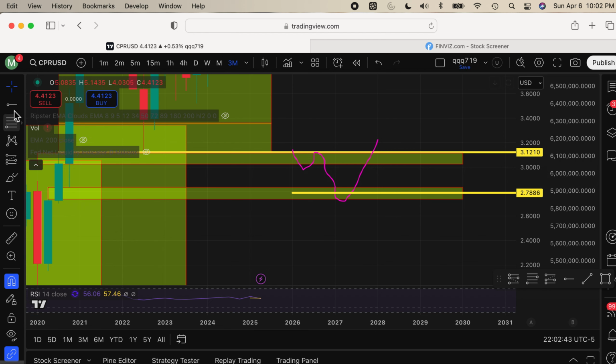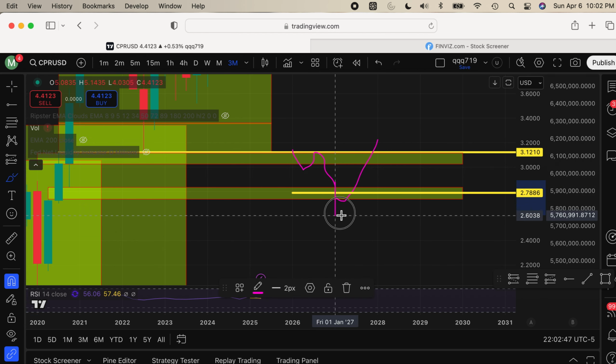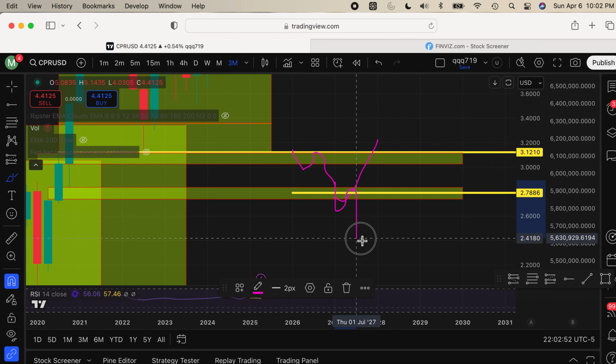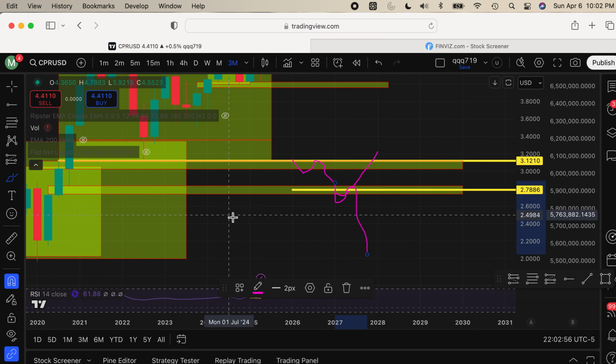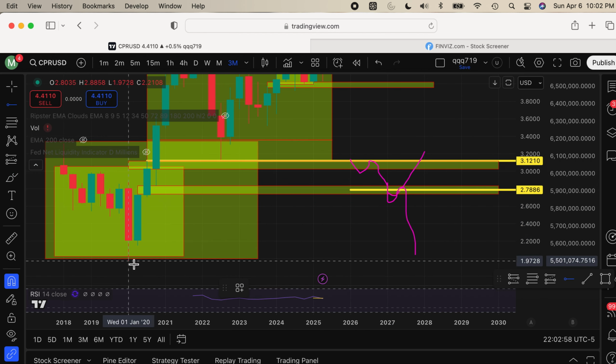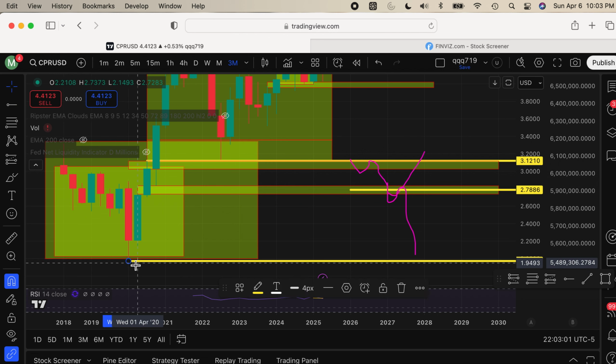If for some reason, again, that didn't work and they broke below it, what are we looking for? A rejection off of this area. And where are they going? The next place to sweep would be 197.